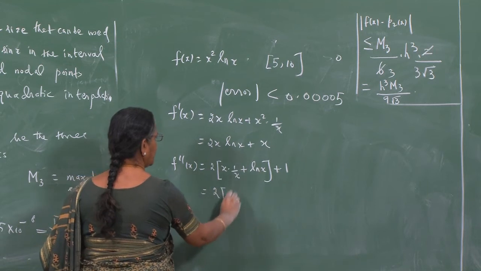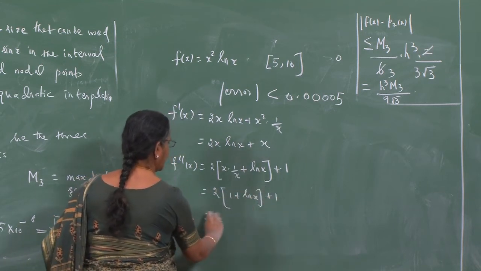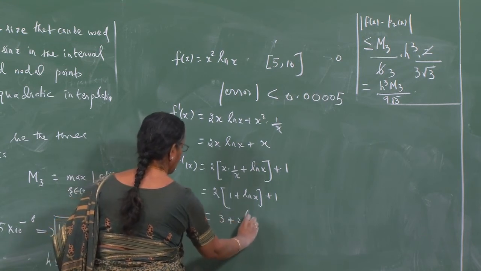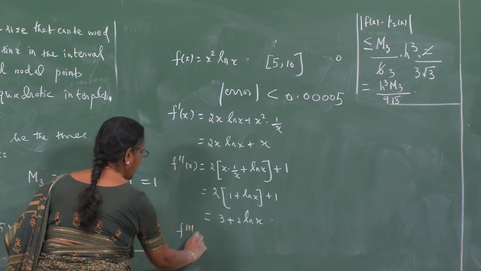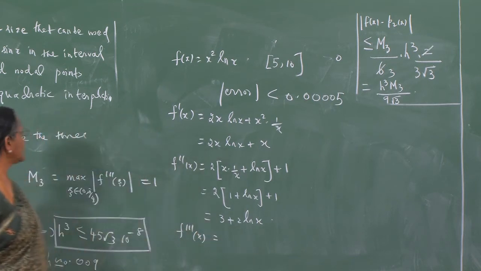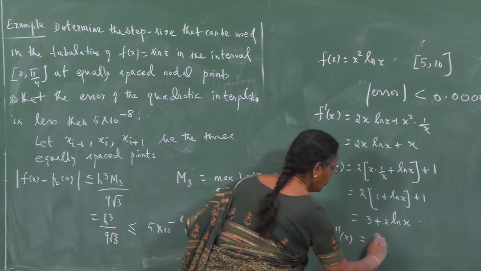So it is 2 into 1 plus log x plus 1. So it is 3 plus 2 log x, and I also require the third derivative because I want M3. So that will give you 2 by x.